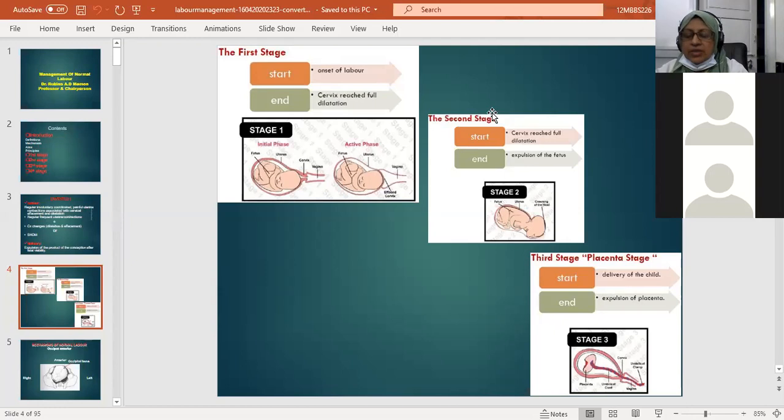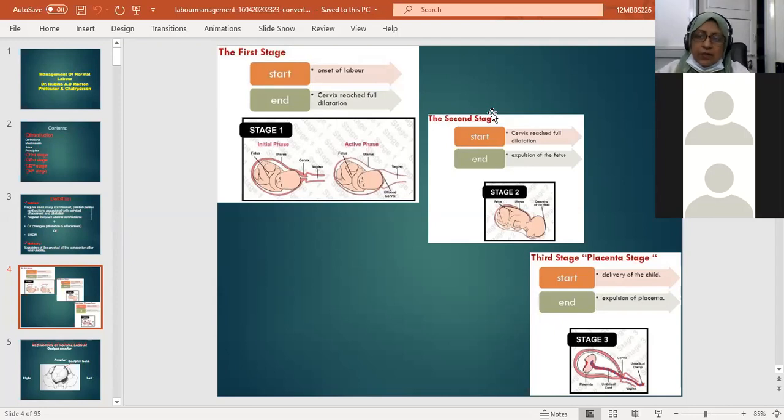There are certain diameters which are very important to understand. In normal labor, the diameter present in the maternal pelvis is the suboccipitobregmatic.